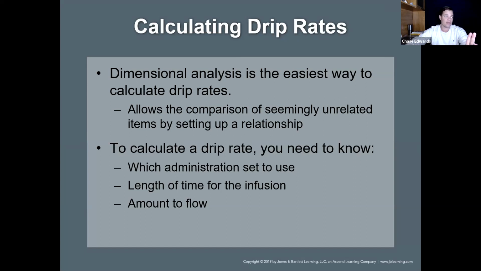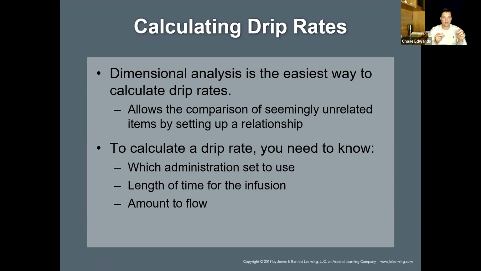So, for an example, if there's an order for 250 milliliters of normal saline over 90 minutes, the administration set is going to be 10 GTT per milliliter.